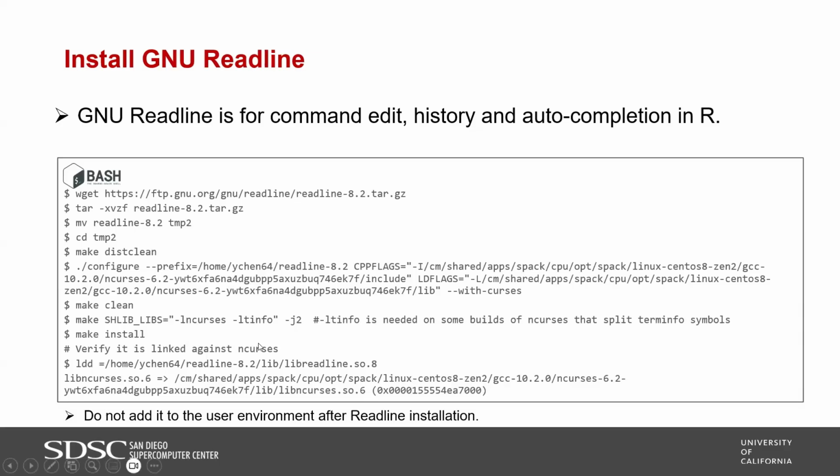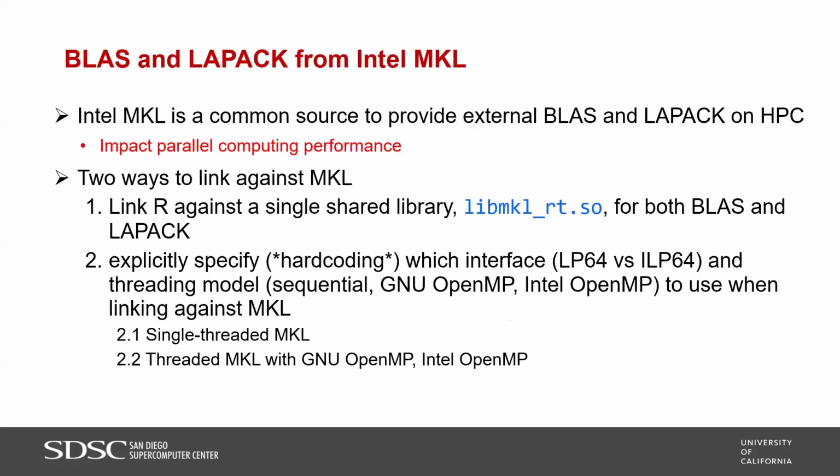You just download the source code tar and configure it to install to your home directory, and you just need to specify the paths to the compilers, and then build it. Once you build it, you don't need to add the paths to your environment variable path. You can just specify the path to your readline when building R.